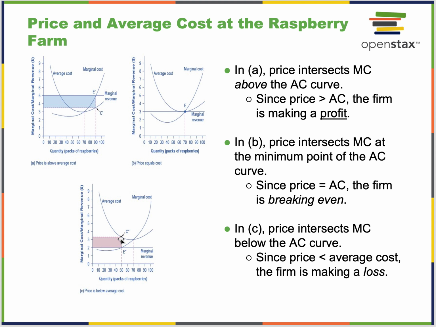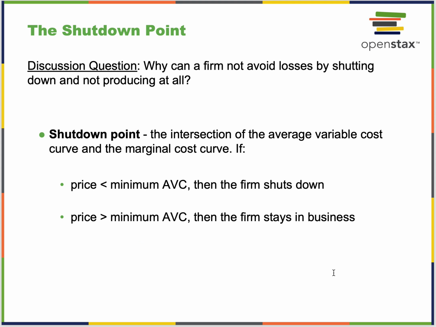So this is negative, hence this part is red, and you multiply that times the quantity, and you still get a profit, but it happens to be a negative profit, so it's a loss. Since price is below average cost, the firm is making a loss. You really need to study this, okay? And there's another chart in here you really need to study.